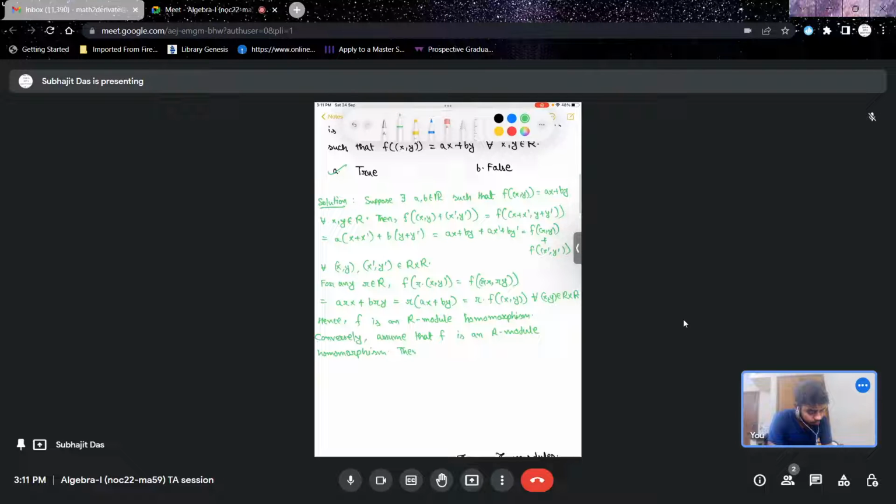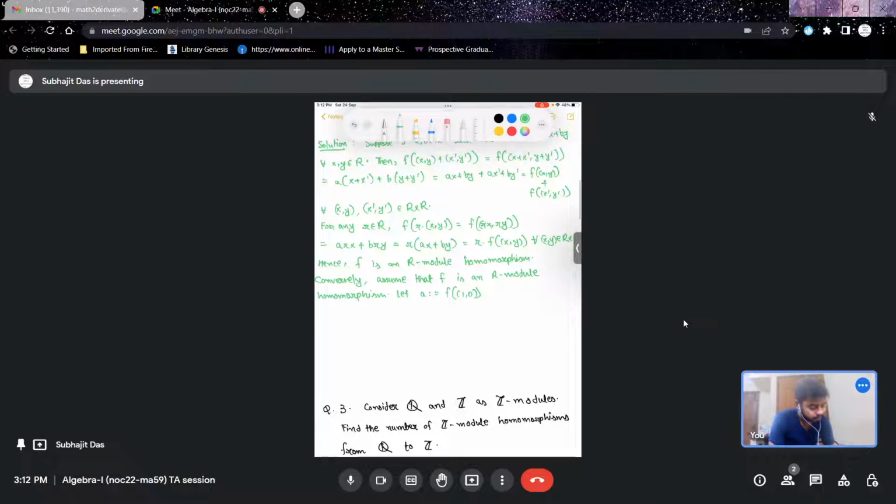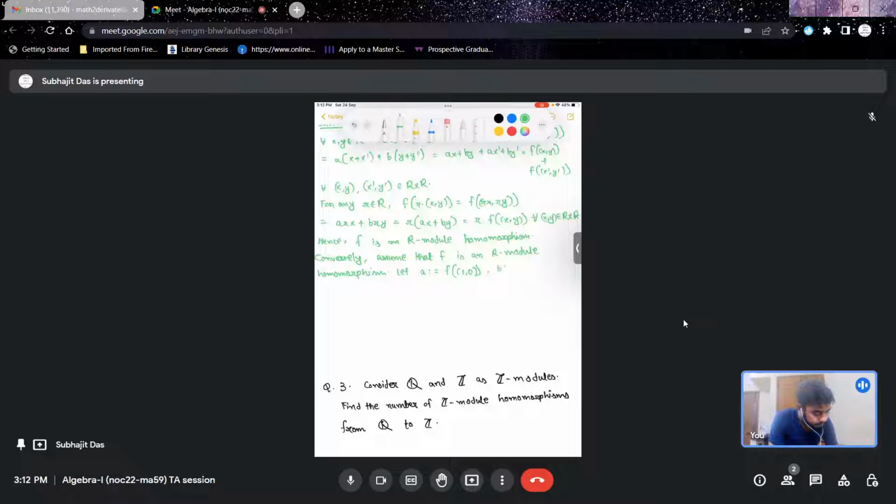Then for any x comma y in R, we define A to be the image of 1 0 under F, and B to be the image of 0 1 under F.